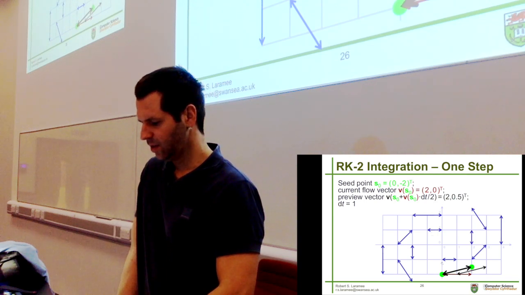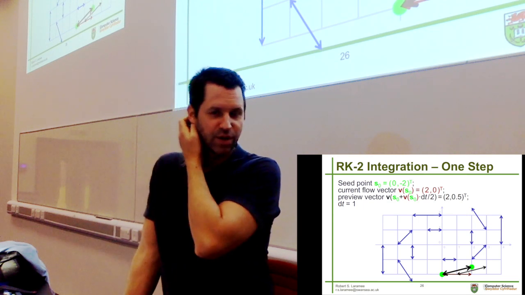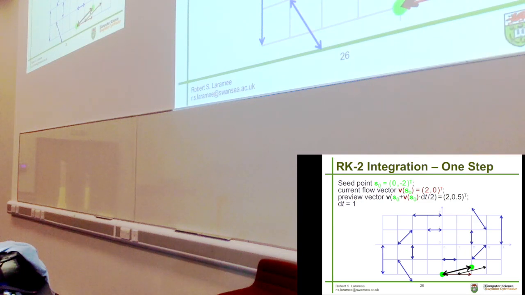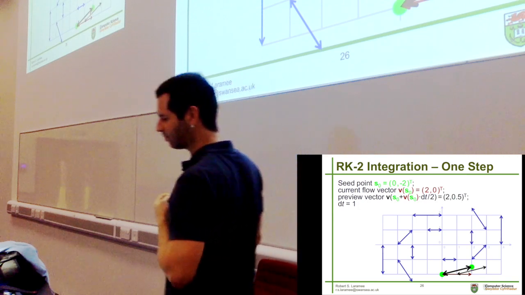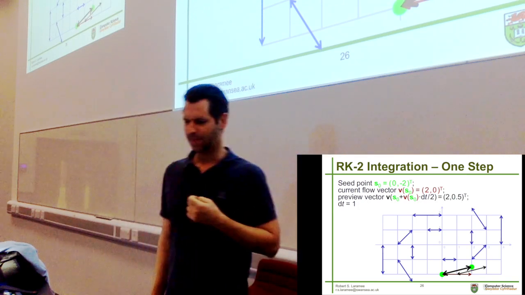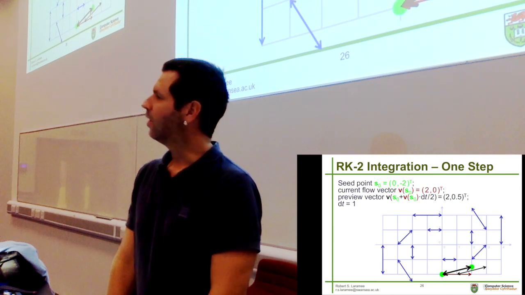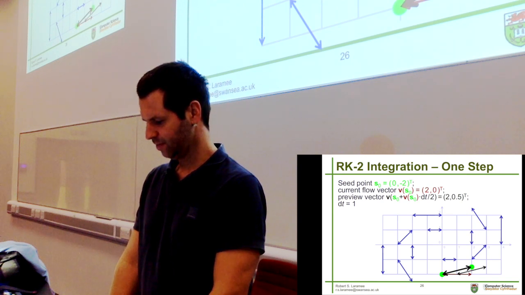And we get this vector, boom. And that's our Runga-Kutta integrator, rather. Everybody see that? And it's more accurate than the Euler integrator. It's just a more accurate approximation of the streamline.